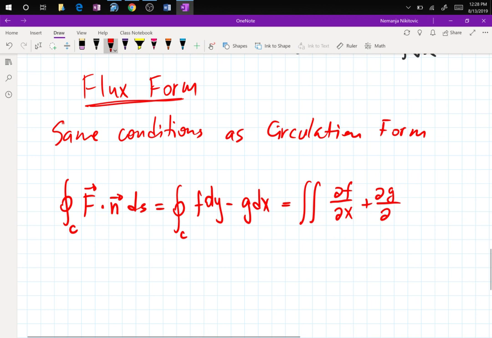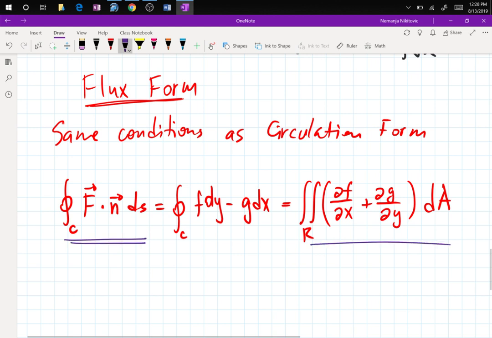So now you are calculating the divergence. This part is called the divergence, dA over region R. And again, you are equating your flux form line integral with the area integral on the other side.